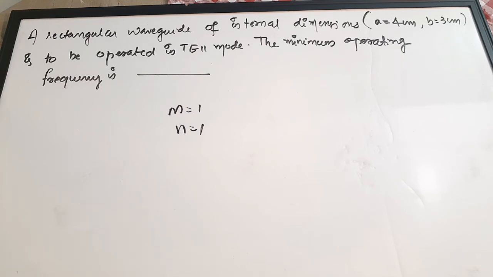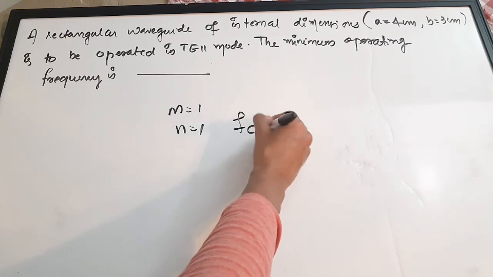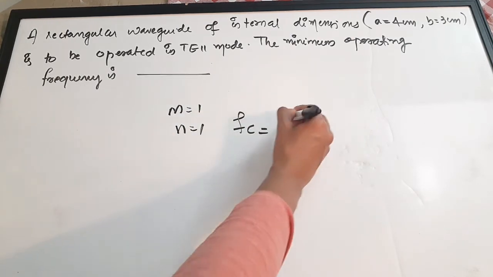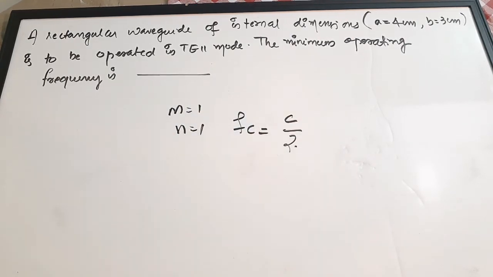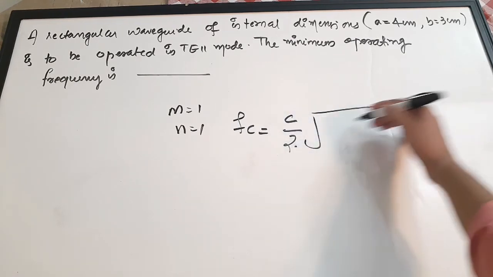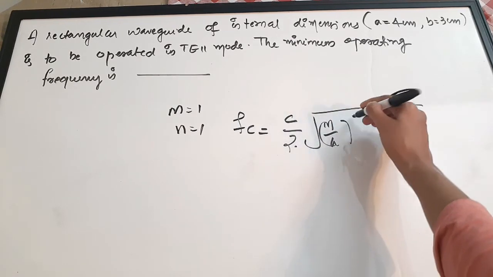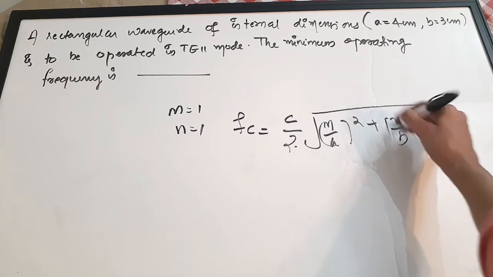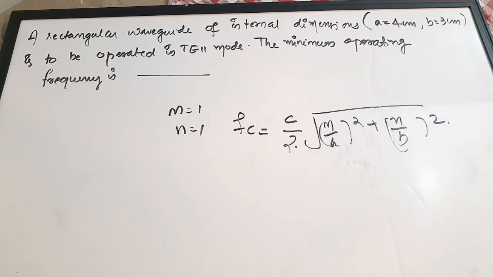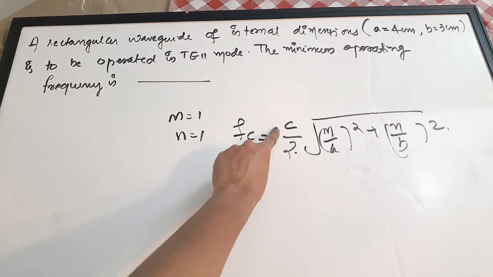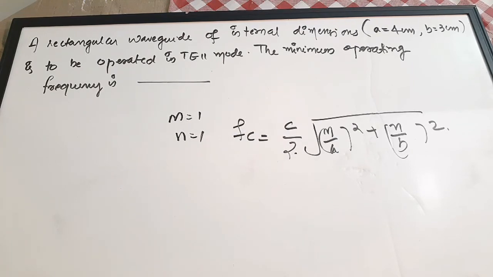Now, the minimum operating frequency for this mode, fc, is equal to c by 2 times square root of (m/a)² plus (n/b)². This is a general equation. Earlier we have used v here because there was a dielectric.